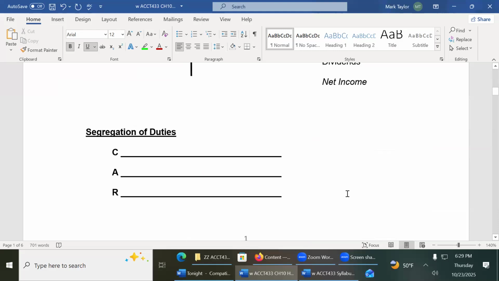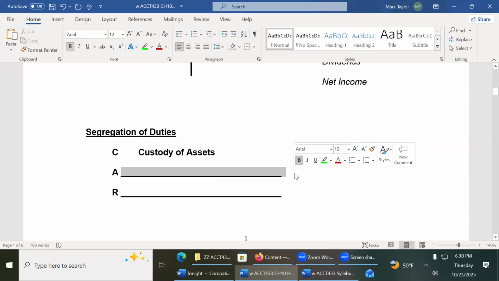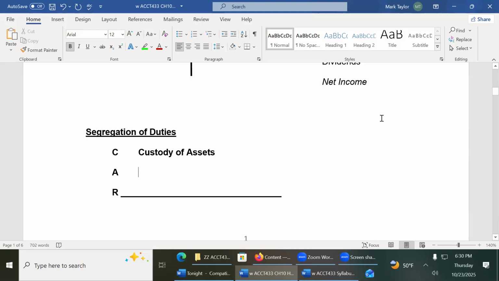Okay, segregation of duties. We remember it by CAR. And this is very important for cash. We'll talk about it in a second. So if you're taking the CPA exam and you want to memorize this, you memorize it by CAR.